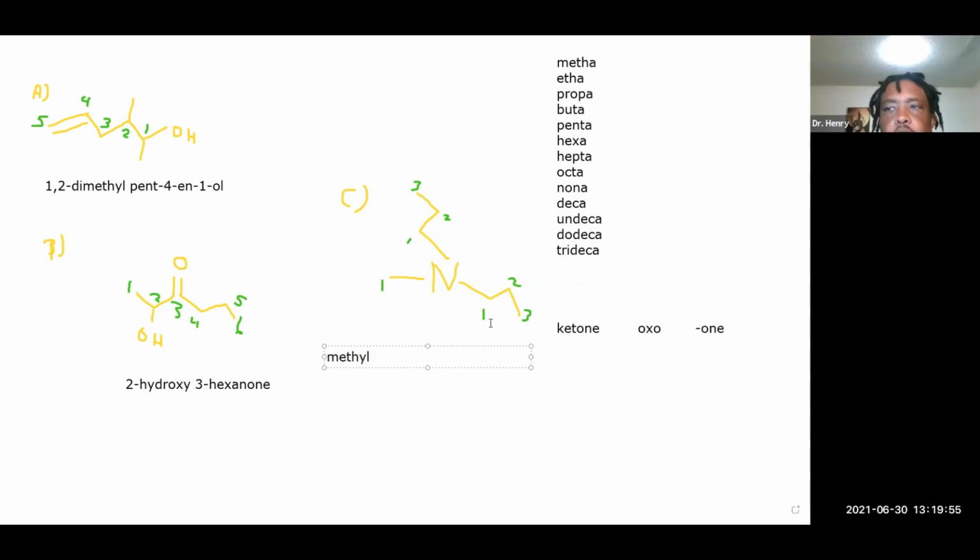And if I have 2 propyls, how would I account for that? We'd put dipropyl amine. So methyl dipropylamine. Not too hard?